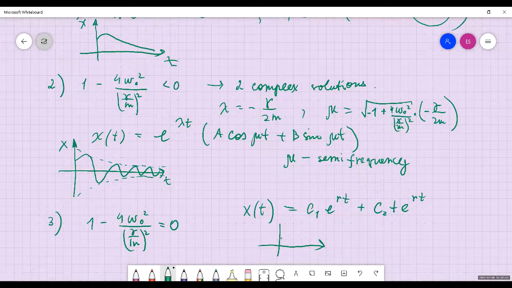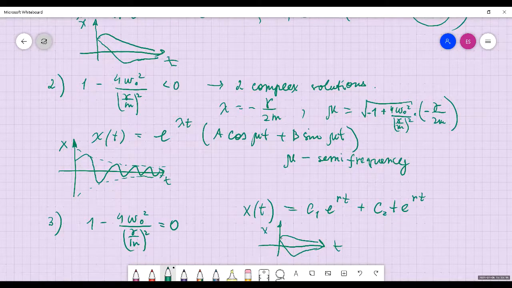Again, it's not the only possible picture, it can go like this, for example. Depending on initial conditions, the curve can look slightly different, but eventually it's going to start approaching the equilibrium position. So this motion again is called critically damped, and it looks very similar to overdamped motion, no oscillations. So it's either going to look like this or like that. Eventually the system will come to the equilibrium position.